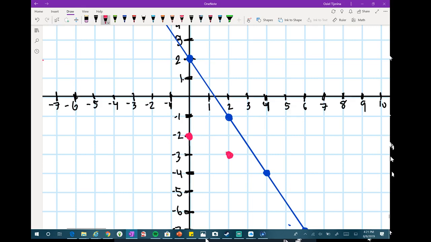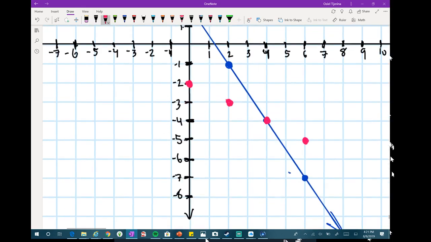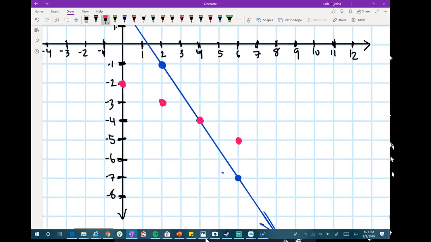So you have this: down 1 and right 2, down 1 and right 2, down 1 and right 2, down 1 and right 2.